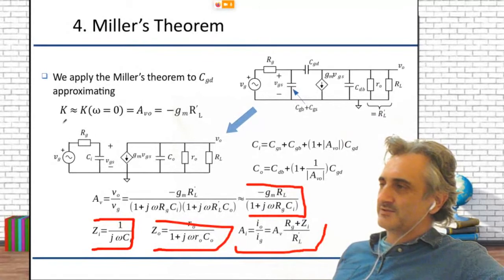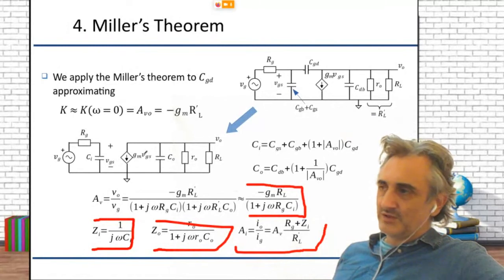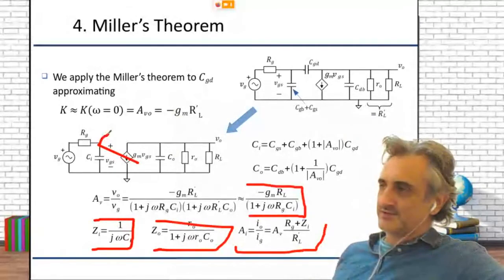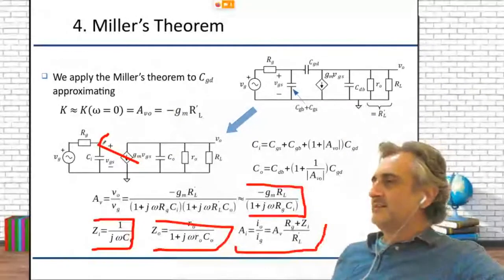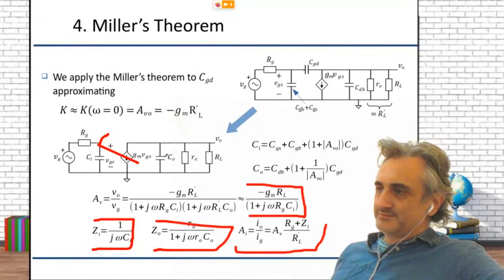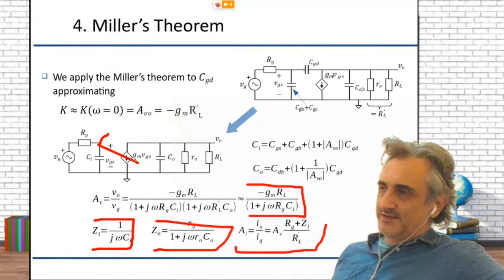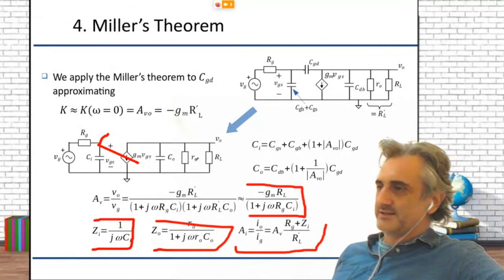Otherwise, it's quite complex. Here, using Miller's theorem is quite straightforward. You only need to calculate this current, which is gm multiplied by this voltage, which is simply a voltage divider, and then the output is this multiplied by the parallel of the resistances. So it's fairly easy.